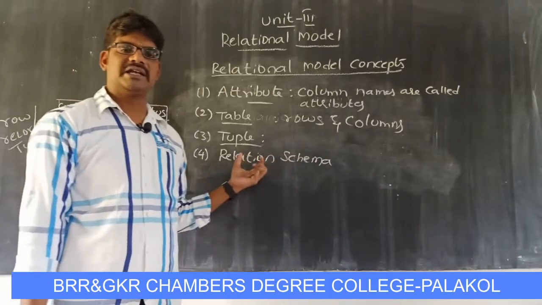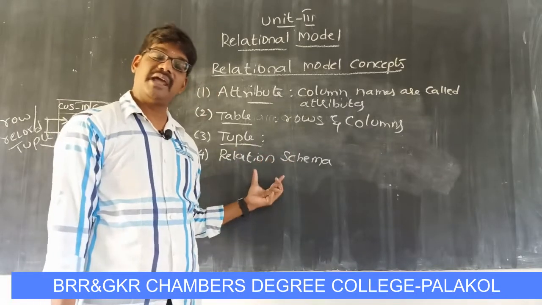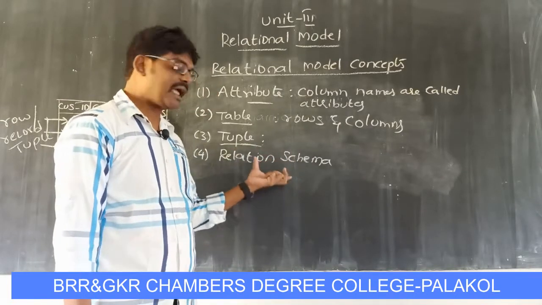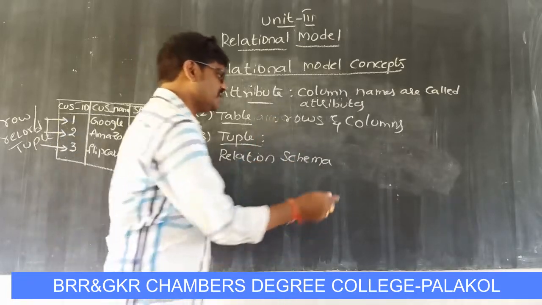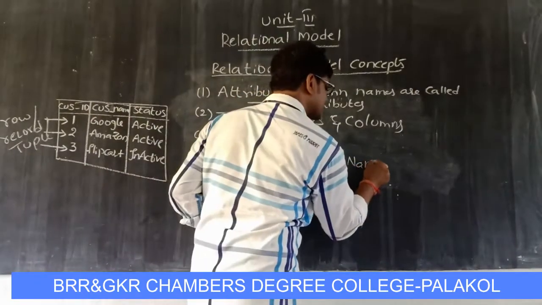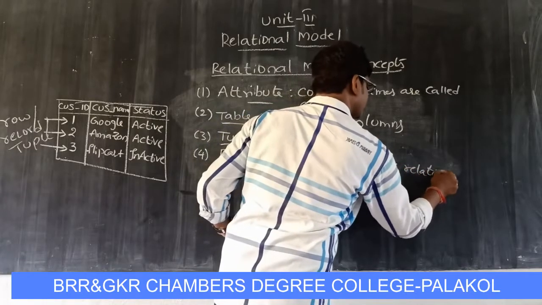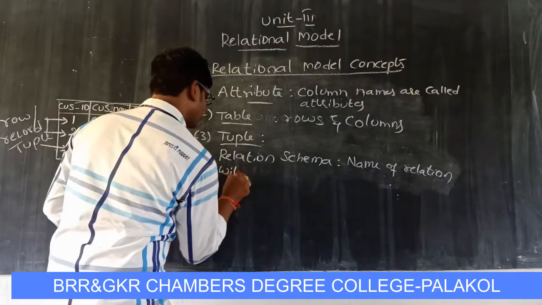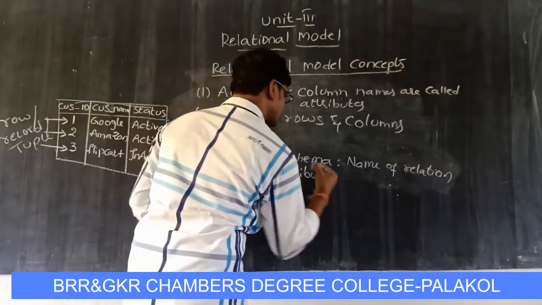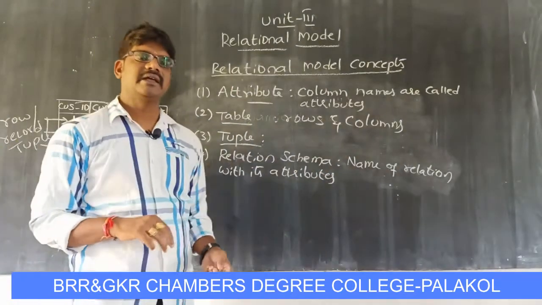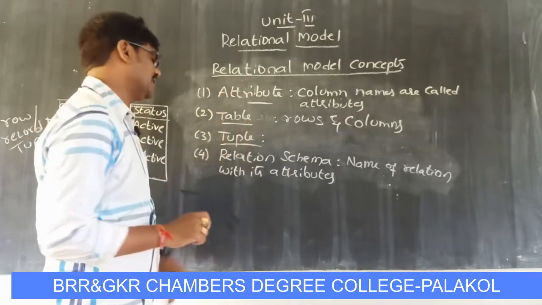The relation schema represents the name of the relation, that means the name of the table with its attributes. Okay, next. So one is attribute, table, tuple, relation schema.